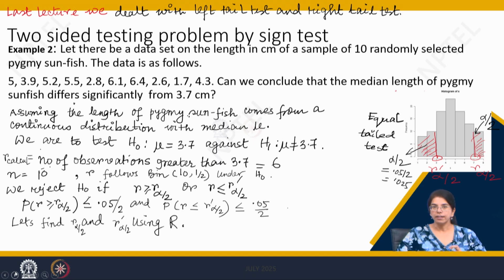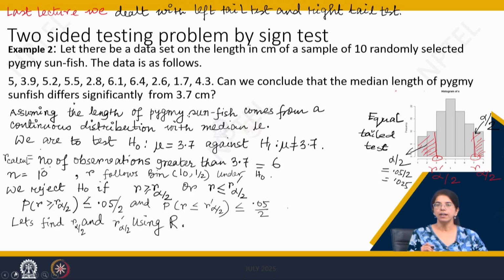Now R, the number of positive observations, follows a binomial distribution with n equal to 10, the first parameter of the binomial distribution, and p equal to half, the probability of success under the null hypothesis. We reject the null hypothesis if r is greater than or equal to r alpha by 2, or r is less than or equal to r prime alpha by 2. Now what is alpha?